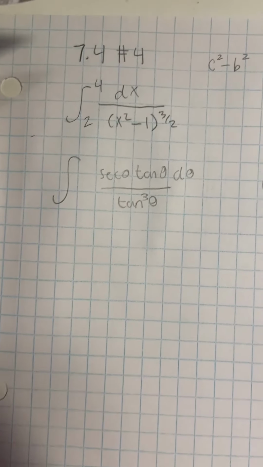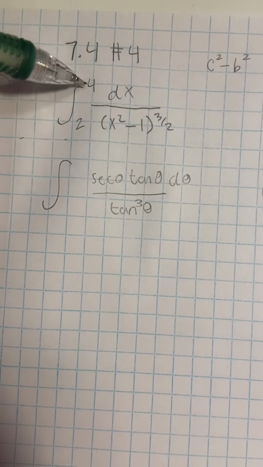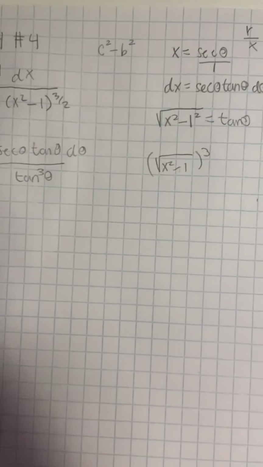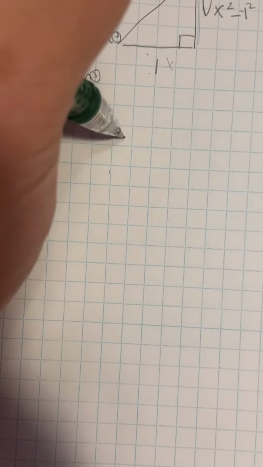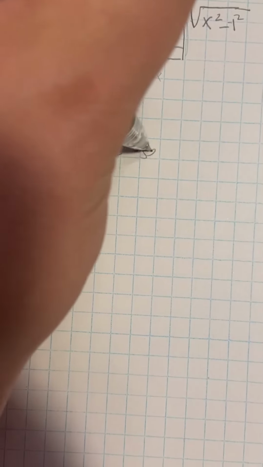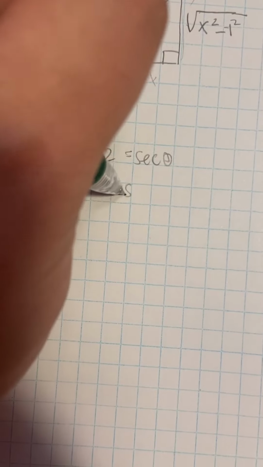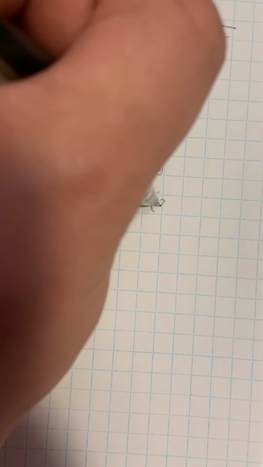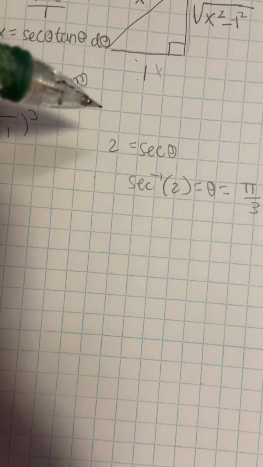Okay, so now we need to figure out what these values translate to for x. So we know that x is equal to secant theta. So when x is 2, we're going to do it over here, save some room. We'll put 2 equal to the secant of theta, which means that the inverse secant of 2 is equal to theta, which is equal to pi over 3.